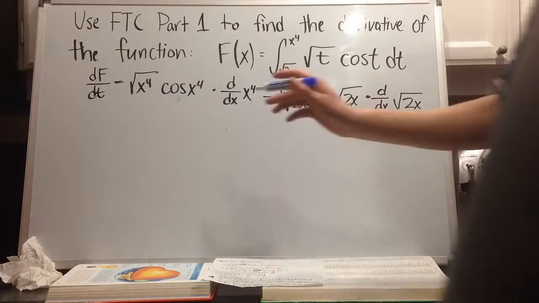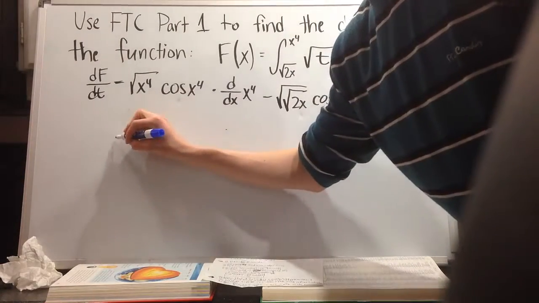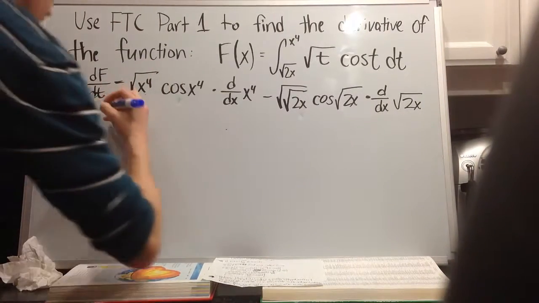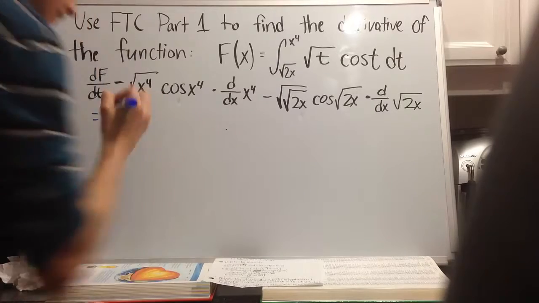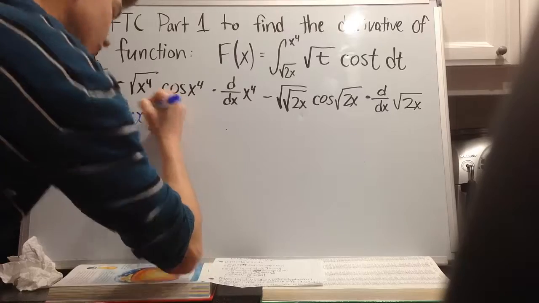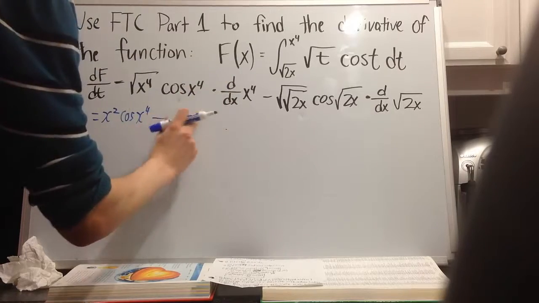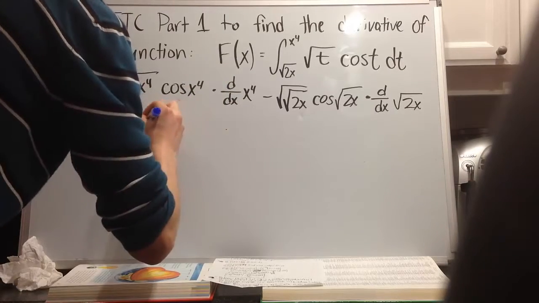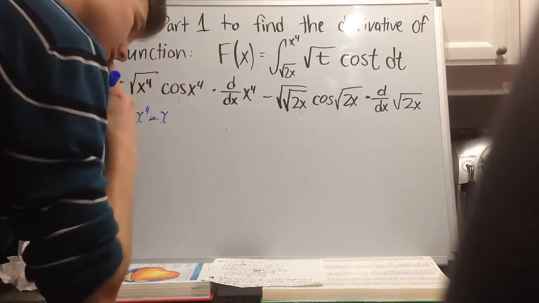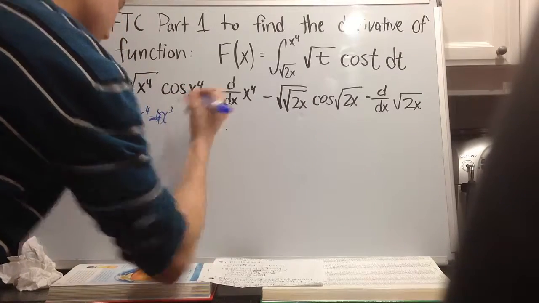Now we have the important job of simplifying. So from here you can go down to, firstly, the 4th root of x to the 4 is of course x. Then we have cos of x to the 4, minus, and then we have the derivative of cos of x to the 4 times the derivative of x to the power 4, which is 4x cubed.